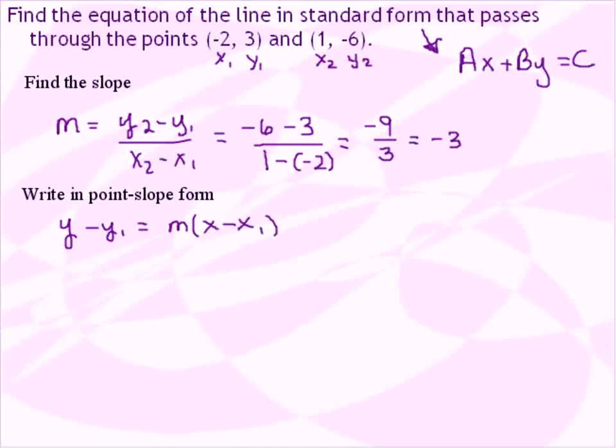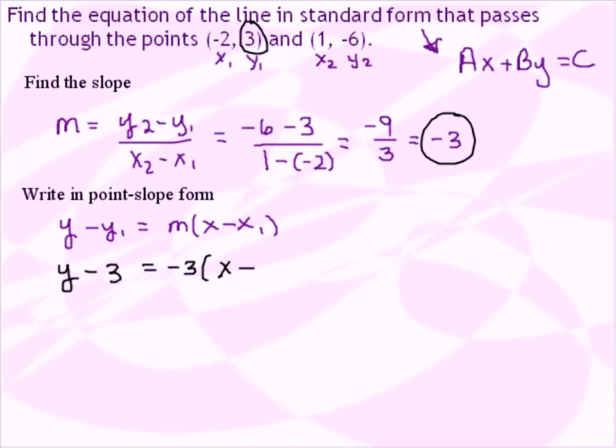So I'm going to fill everything in. Remember, you can pick whichever point you want. We have x1, y1 with the first point, but it really doesn't matter. So I'm going to fill in y minus y1 is 3, so y minus 3. I'm using this 3 here. My slope, which I just found to be -3, times x minus x1.